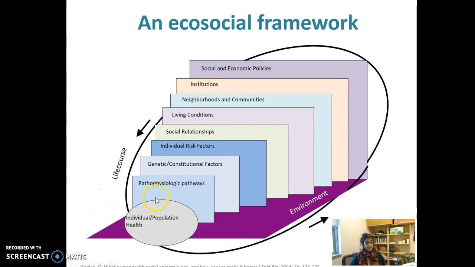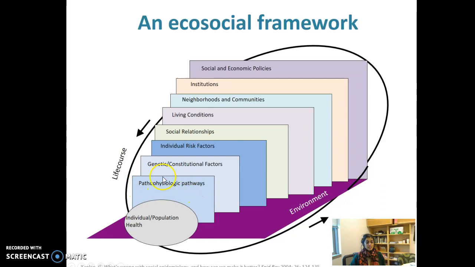Pathophysiologic pathways. This is important too because often we think that the disease process is a fixed idea, but for each individual, even if it's across some of these lines here, it is different.